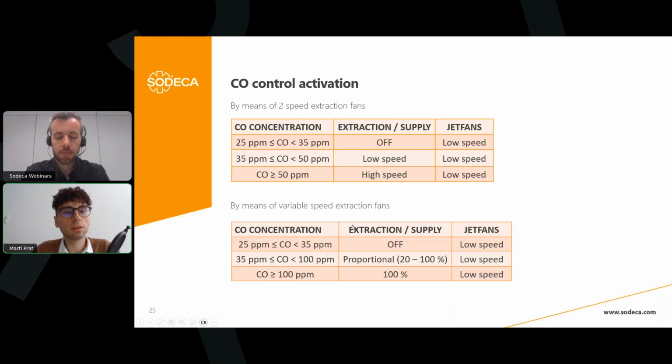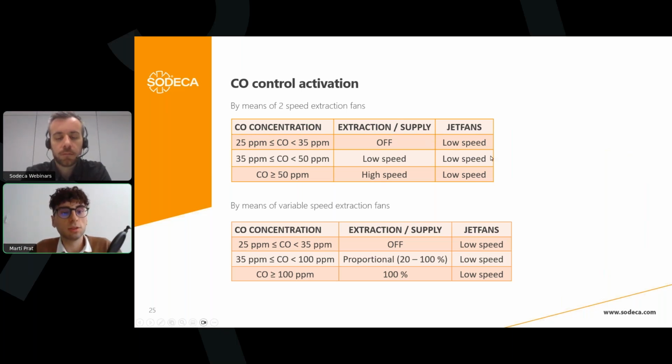Here we have an example of the activation. For instance, we could have this activation where when 25 ppm are detected, the jet fans activate at low speed and the extraction and supply fans are off, not activated. Usually this can be enough to reduce the CO levels.